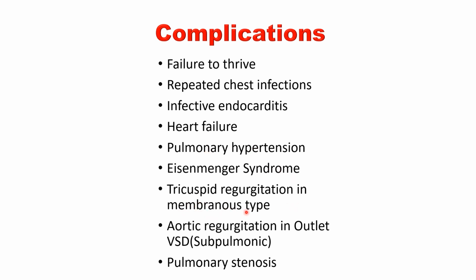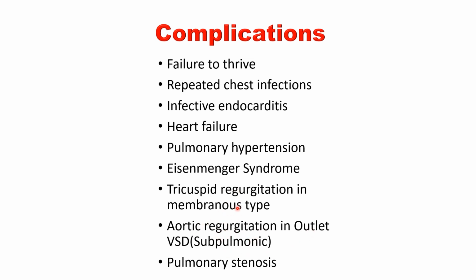And in the membranous variety, as I already discussed, it's very close to the tricuspid valve, and this defect will pull the septal leaflets of the tricuspid valve, and the tricuspid valve can regurgitate, and aortic regurgitation. This is seen in outlet VSD or subpulmonic VSD.